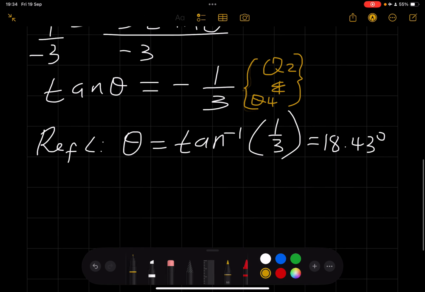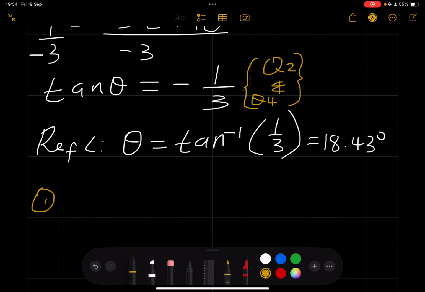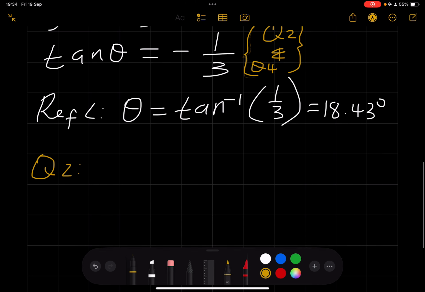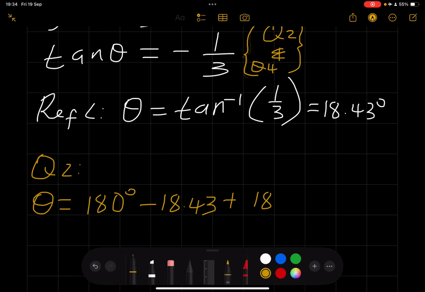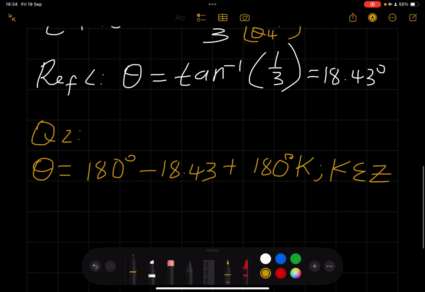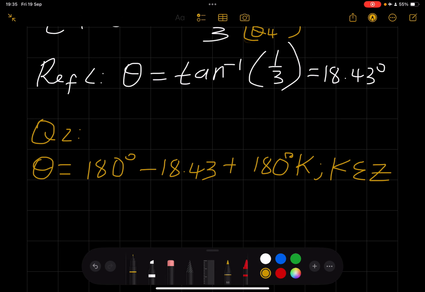So I'm going to write my solution in quadrant 2, which is theta. Quadrant 2, remember, it's 180 minus the reference, minus 18.43 plus 180 degrees K. Then you must show K element of integers. For tan, we use 180K, remember?